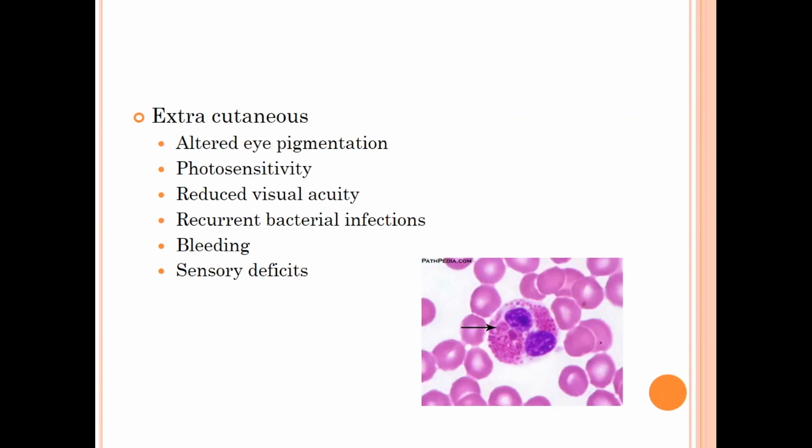And the extracutaneous manifestations include eye pigmentation is affected, with reduced visual acuity, and because the neutrophil phagocytic system is also defective, they are more prone to get bacterial infections, bleeding due to platelet granular defects, and also some neurological impairment as well.